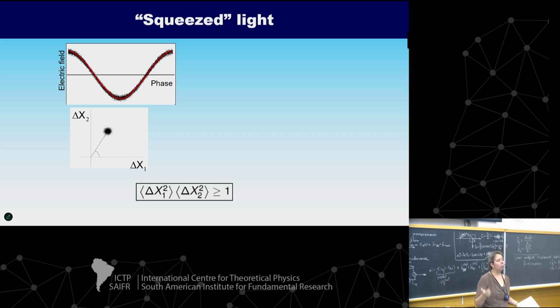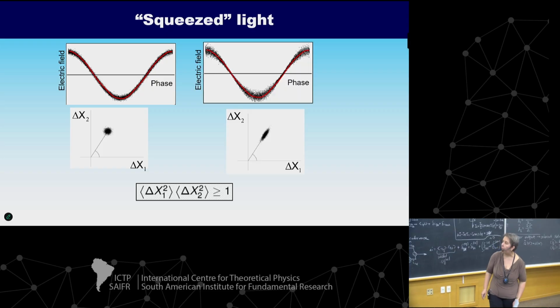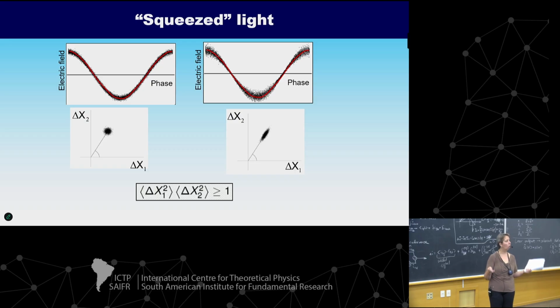You're losing information about the phase quadrature in this case, the second one, but you don't measure it, so you don't care about it. So what you can do is create a special state of the optical field in which you take this perfect round ball and you squeeze it. You cannot get rid of the uncertainty principle, but you can make one quadrature's fluctuations smaller at the expense of the other quadrature. That's exactly what squeezed states are.